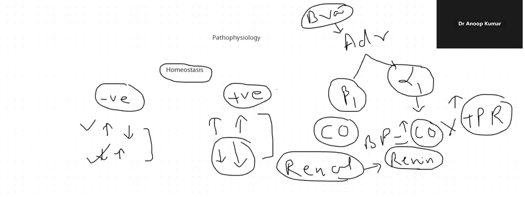Next is how renin is going to increase your blood pressure. That is the well-known system that we call RAS, the renin, angiotensin, aldosterone system. It is activated when your blood pressure is decreased.